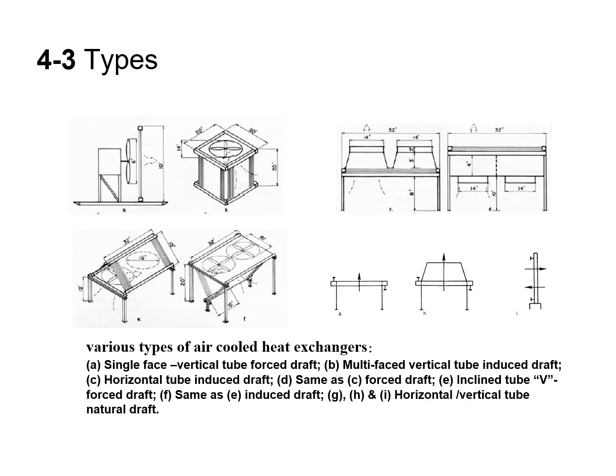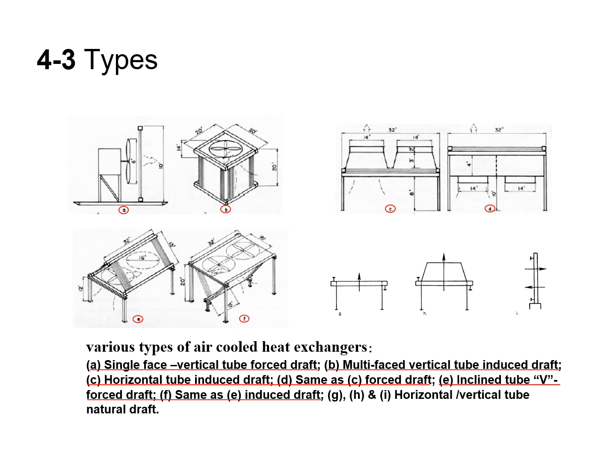The following illustrates various types of air-cooled heat exchangers. Figure A depicts a single-phase vertical tube with forced draft. Figure B showcases a multi-phased vertical tube with induced draft. Figures C and D represent horizontal tube configurations with induced and forced draft, respectively.